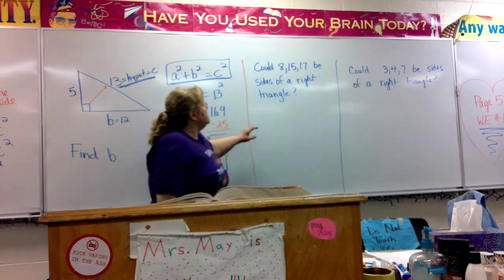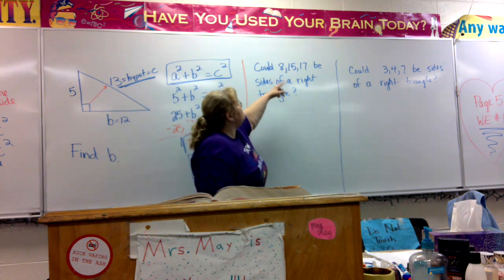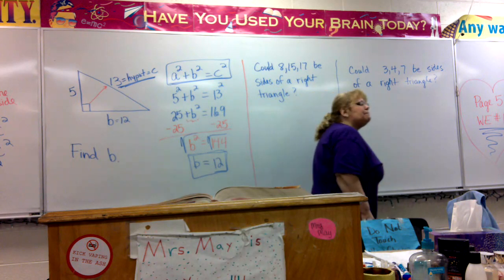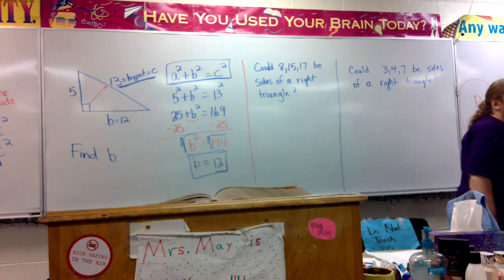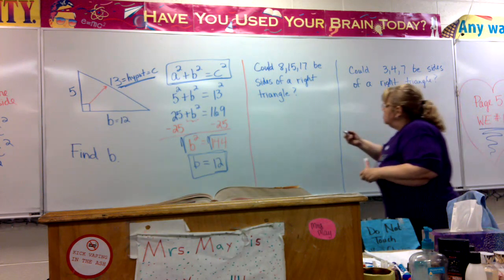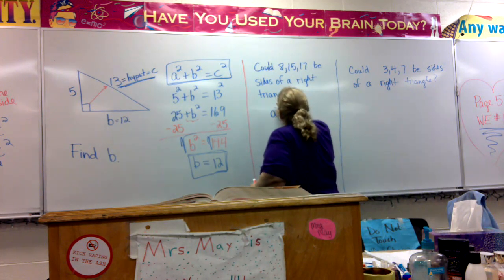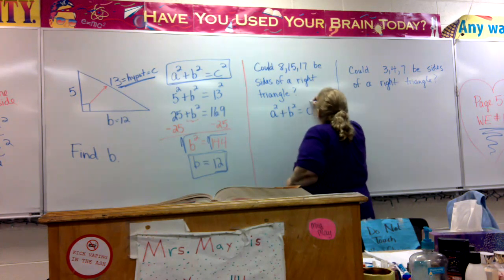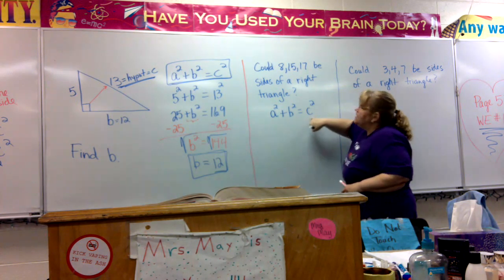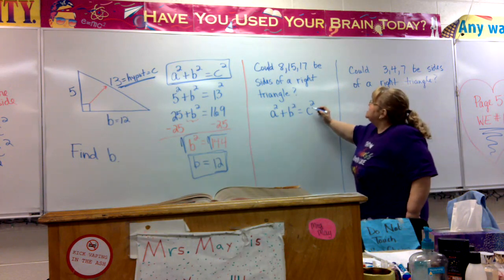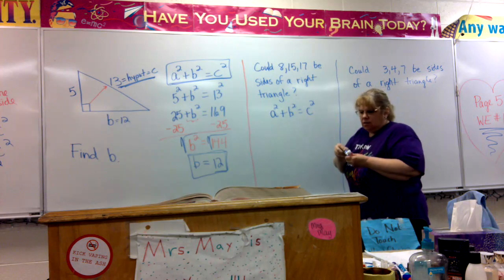Here I want to know, could 8, 15, and 17 be sides of a right triangle? A squared plus B squared equals C squared. If it's a right triangle, this thing has to work. Which one is the C? 17.